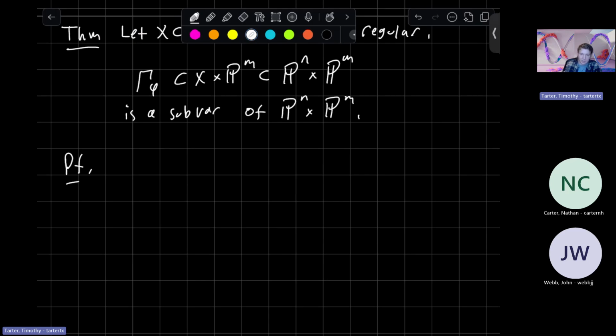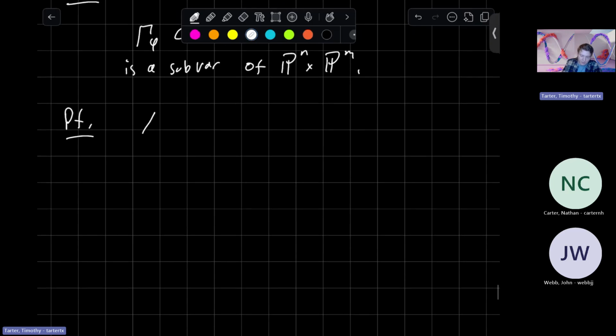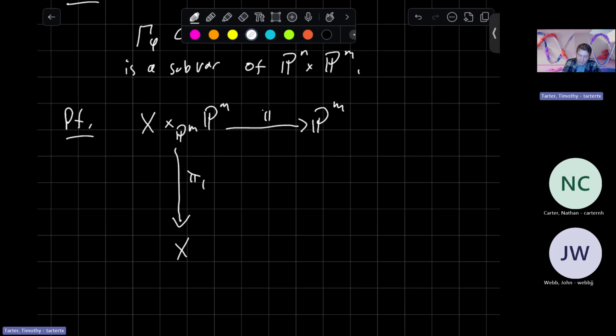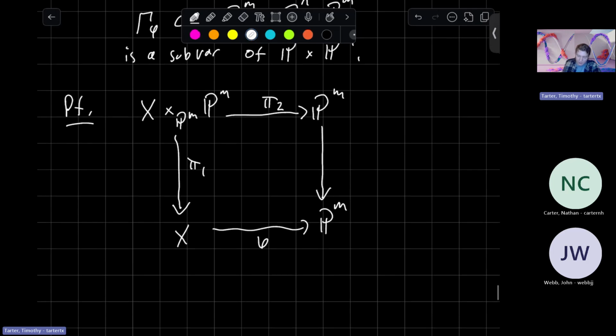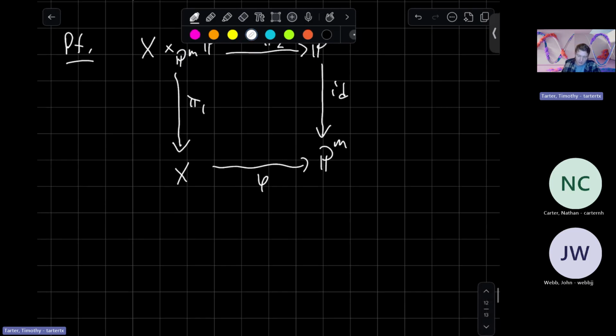So this is an interesting case. Consider the fibered product through Pm of X. Just plugging in the universal diagram, we have projection onto the first factor, projection onto the second factor. And since we're fibering through Pm, we have phi, the map that we care about, and then we have the identity map.